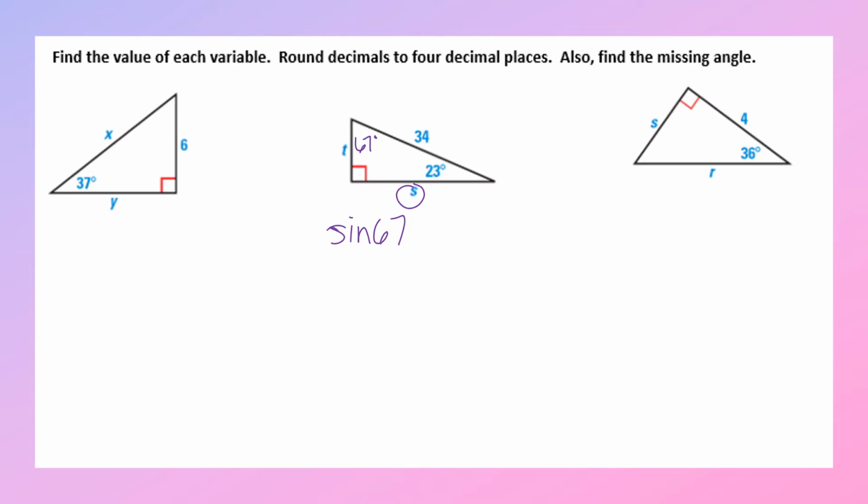If we do sine of 67, that means we have S, the opposite, over the hypotenuse. Again, if you need to label what the hypotenuse is, go ahead and do that. To get S by itself, I need to multiply both sides by 34.